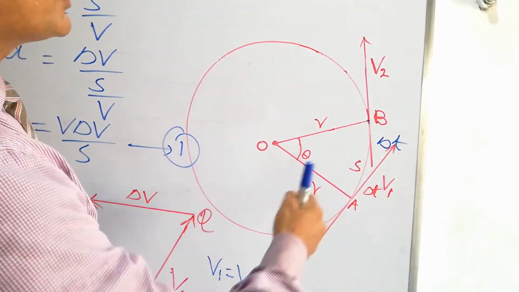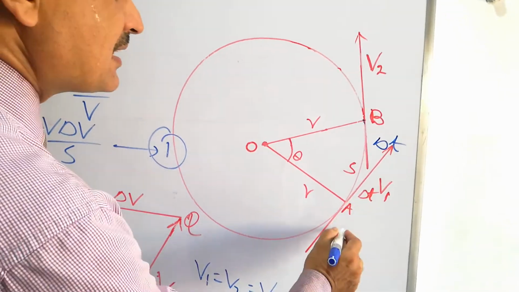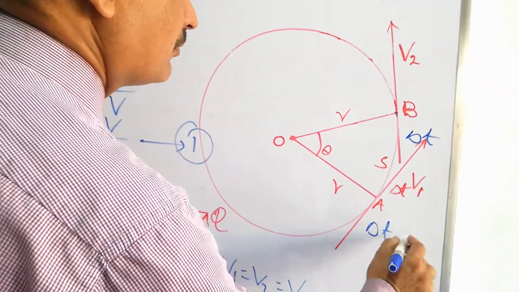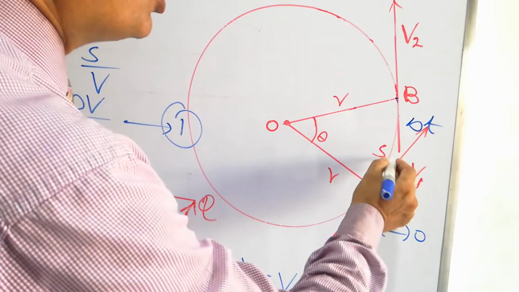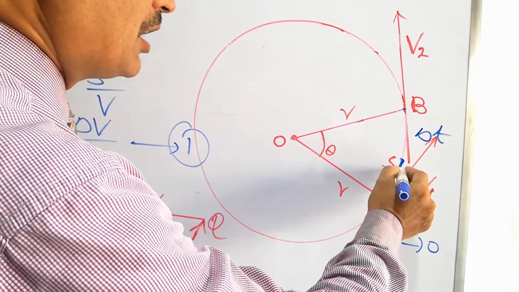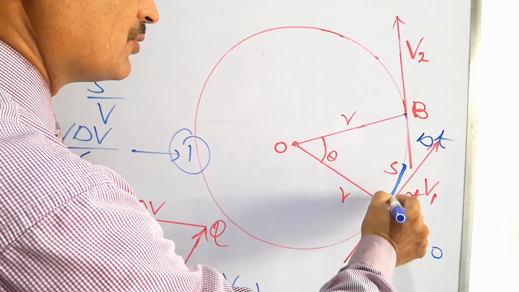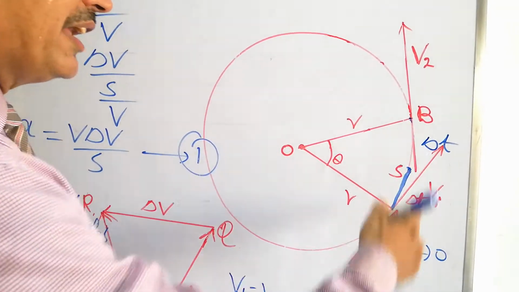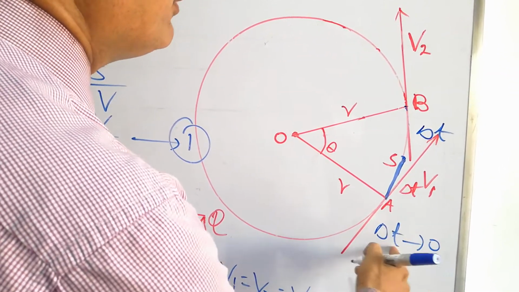We'll make it a straight line. How can we do this? By just reducing time, I mean delta t approaches 0. If the time is very small, then this curved path turns into a straight line. The important thing is the time should be very small.